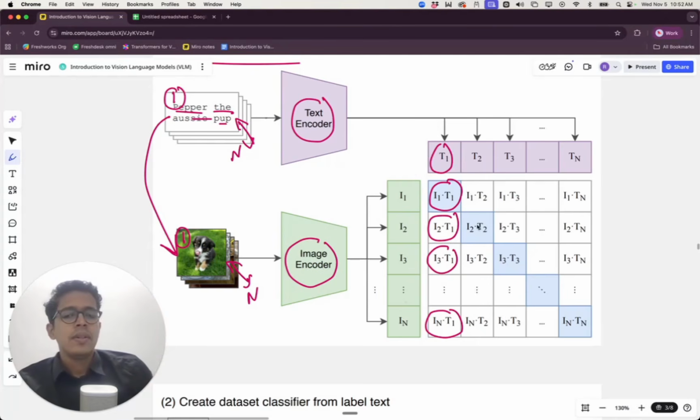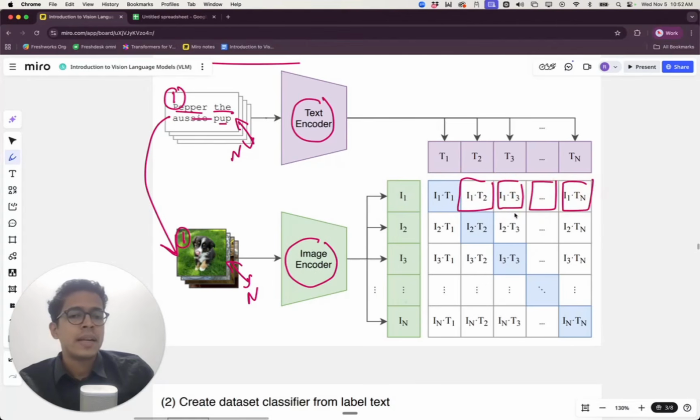So now this is again an example of contrastive learning where you are trying to maximize the similarity between positive pairs. So this I1 and T1 is a positive pair. I2 and T2 are positive pairs, but I1 and T2 are negative pairs. I1 and T3 are negative pairs. I1 and Tn are negative pairs. So all these cells that you see here are dot products of vector representations of image and text where they are all negative pairs.